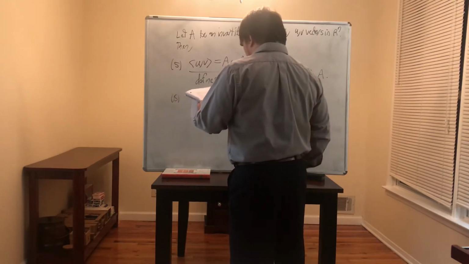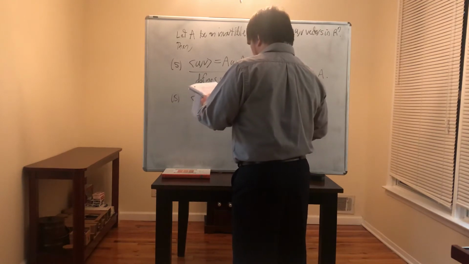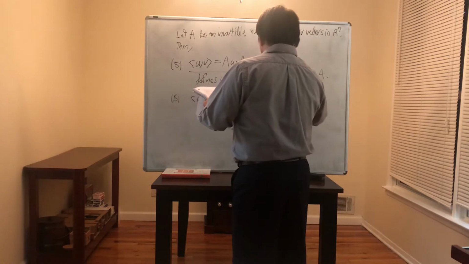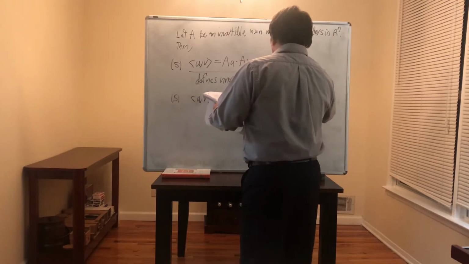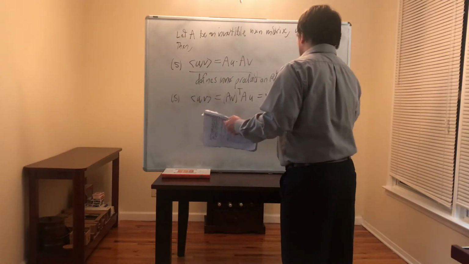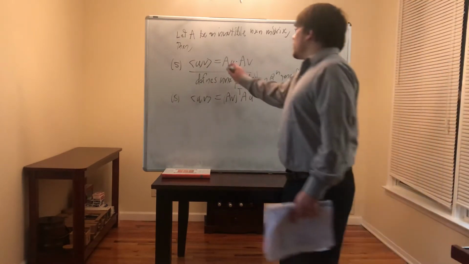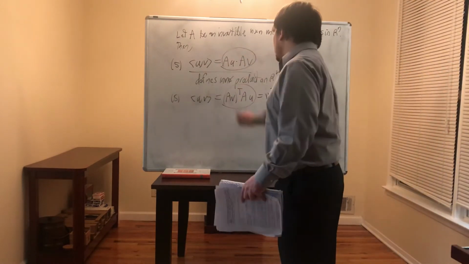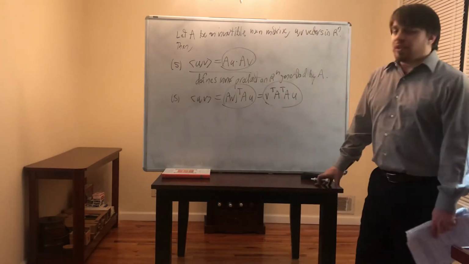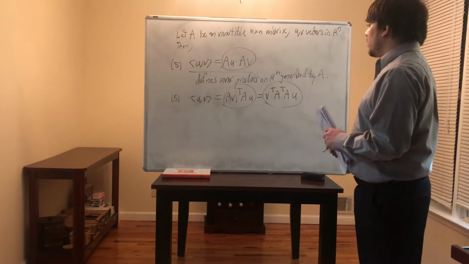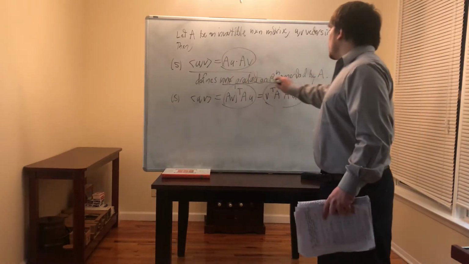You could also write it as V transpose A transpose AU. So there are 3 ways you can write it. All 3 of them are the same. That's the inner product on Rn generated by A.